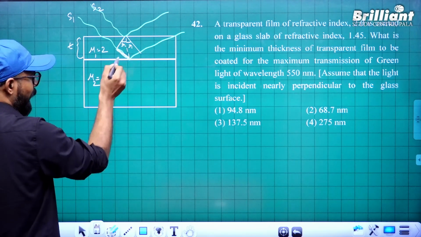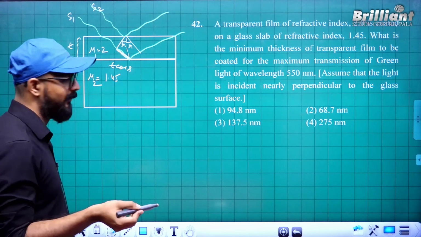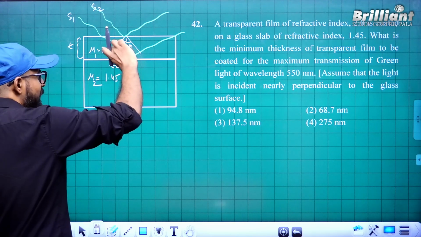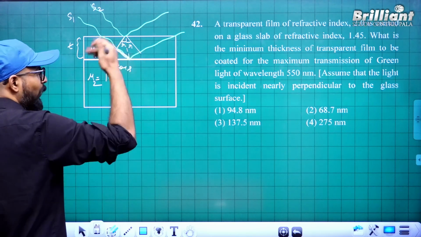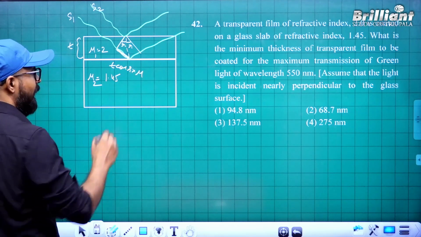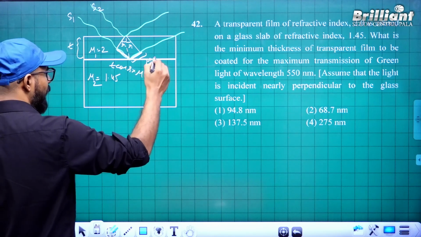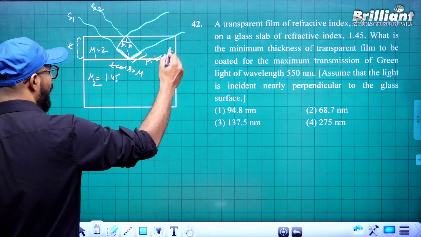This length is going to be t cos r. But we have to take the optical length. Clear? This extra distance covered is t cos r, but we have to take the optical length, so we have to multiply with the refractive index. Same thing happens over here also. This is also going to be mu into t cos r.